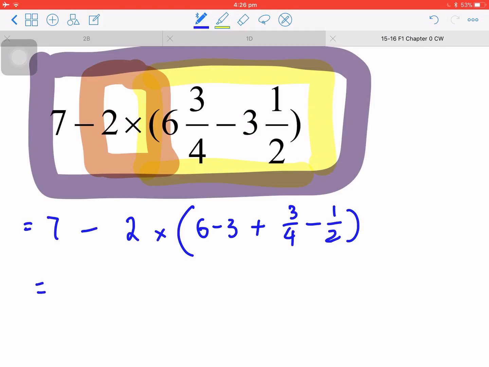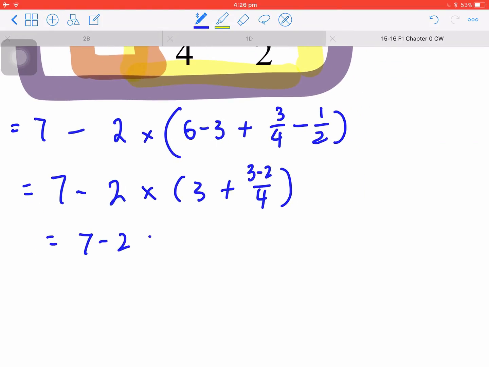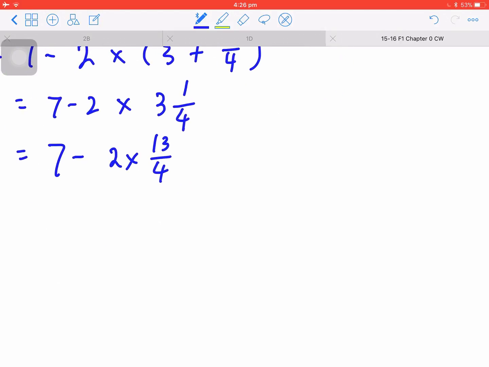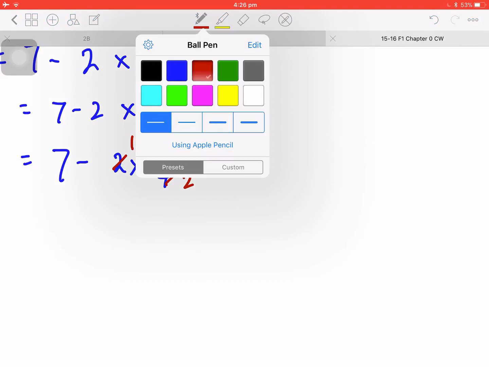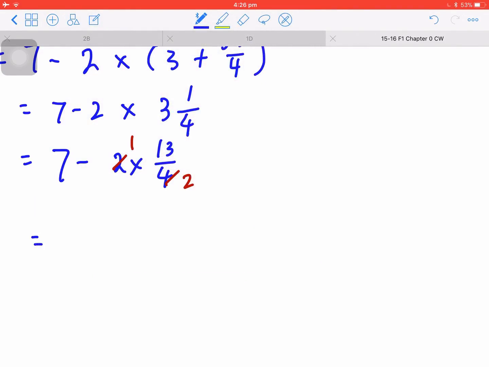And you have 7 minus 2 times 3, like this one. And then you just keep on, and as long as there will be some simplification, you just do the calculation like this one.